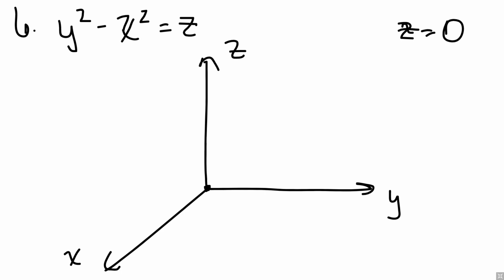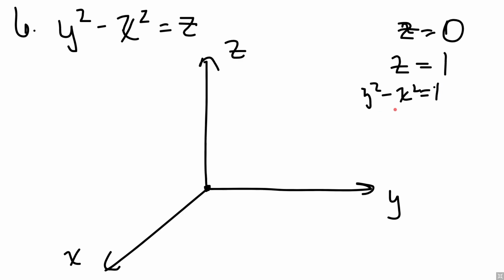Now, if we change just slightly, so if we say that z is 1, basically we're going to have the equation y squared minus x squared equals 1.